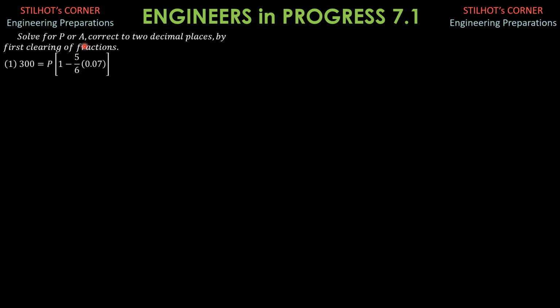Solve for P or A correct to 2 decimal places by first clearing of fractions. Engineering students are allowed to use calculators as long as they are not programmable. You can evaluate these exercises on your own using the handheld calculator.